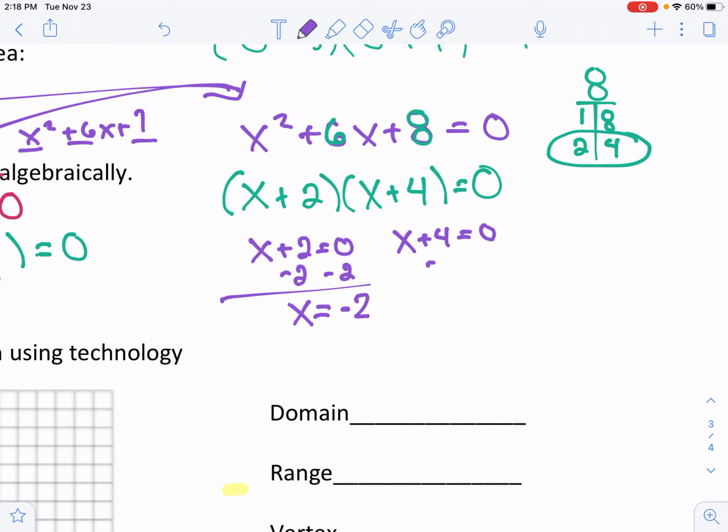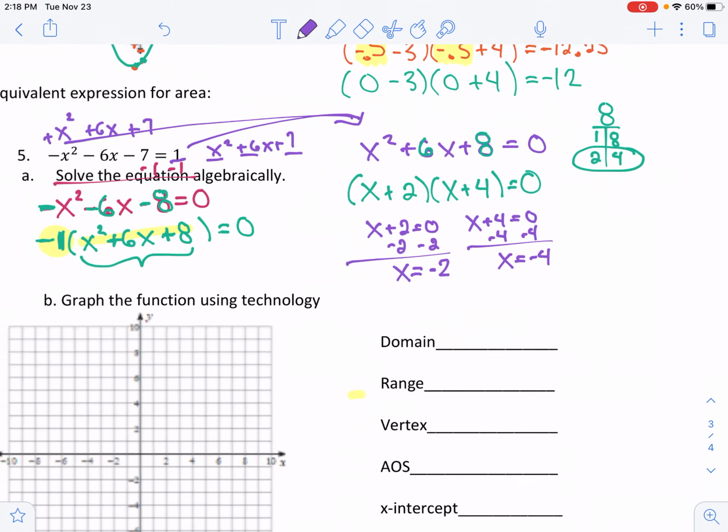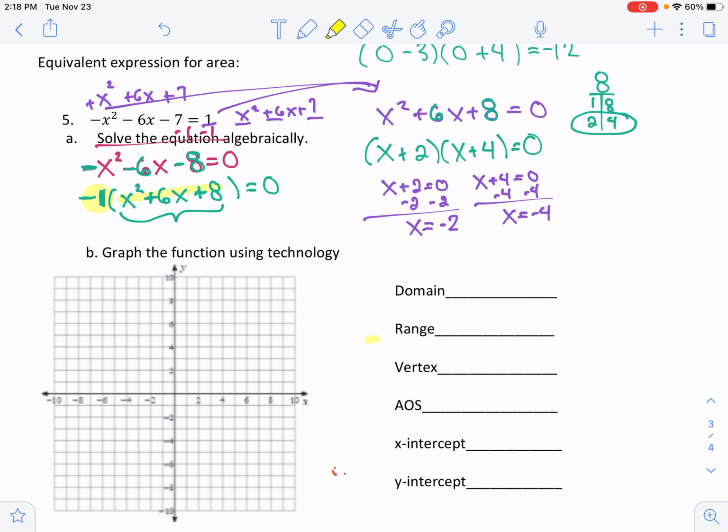And I know it's also going to cross the x-axis at negative 4. Okay, so I have it in intercept form. I can see where it's going to cross the x-axis, so these are my x-intercepts.